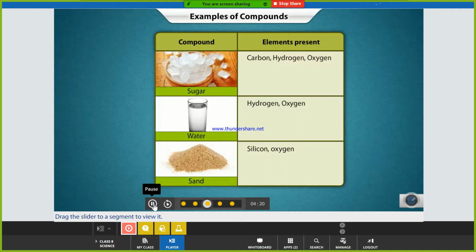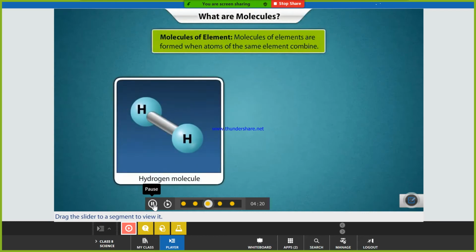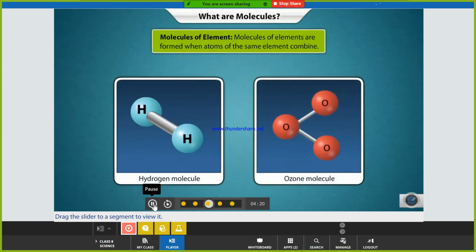Now, as atoms are the smallest units of elements, what is the unit for a combination of atoms? When atoms of the same element combine, they are... What are molecules?